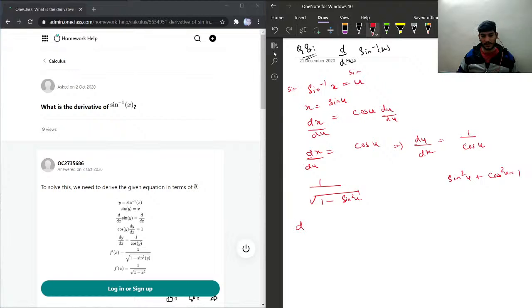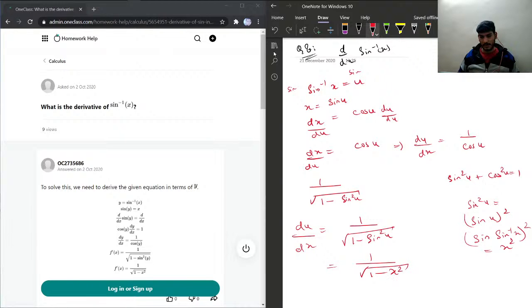get this. So du over dx will be 1 over under root of 1 minus sine square u, and this sine square u is nothing but sine of u whole square. And if I keep the value of u as sine inverse of x, sine of x, this will become x, and we had the whole square, so this will become x square. Sine square u will become x square here.